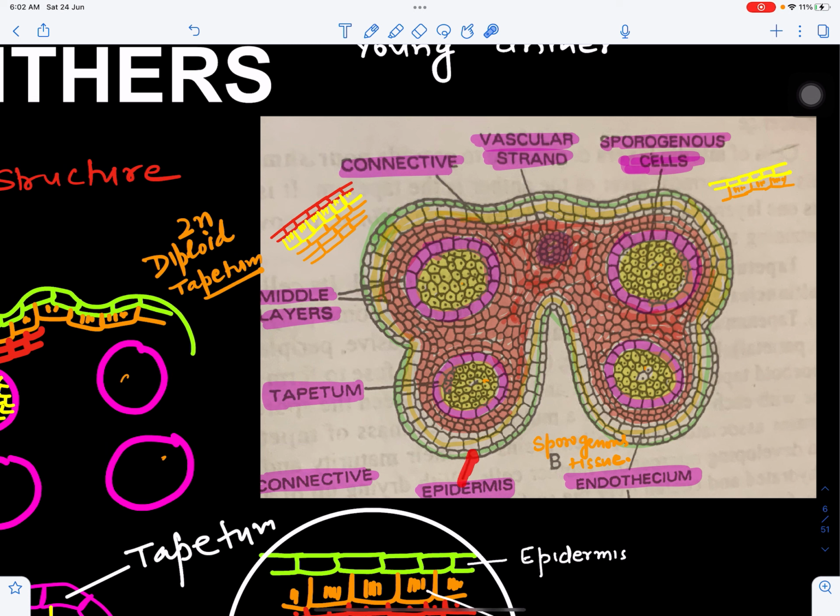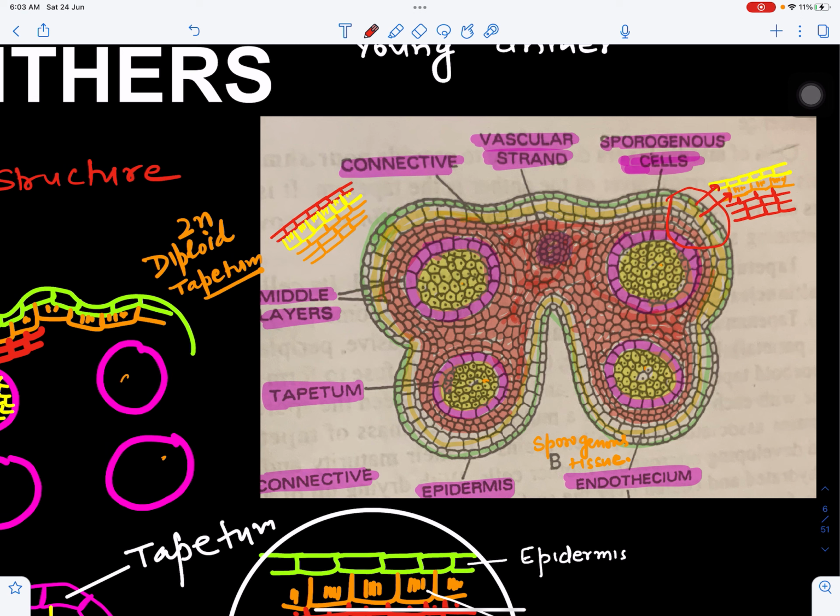This is epidermis. Now this is the endothecium. And these layers here are the middle layers. So this part is epidermis, this is endothecium, and these are the middle layers.